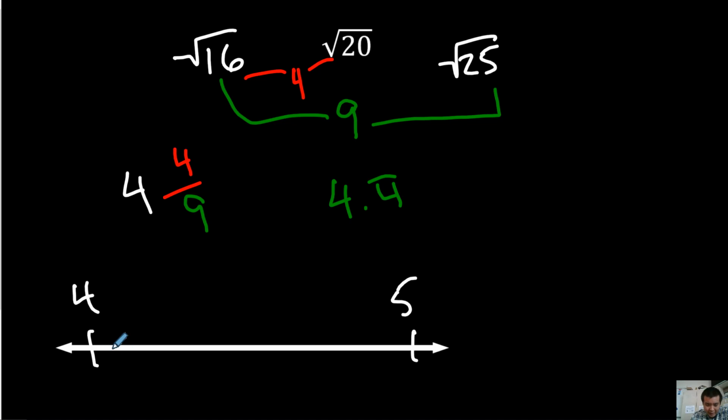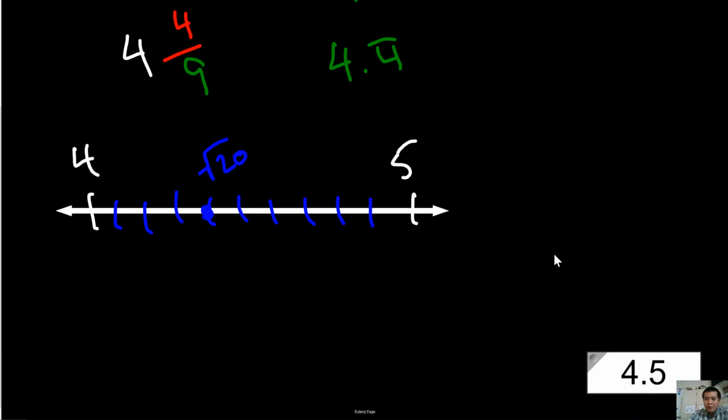So let's write that down. 1, 2, 3, 4, 5, 6, 7, 8, 9, and 4.4 is right here. So the square root of 20, we're going to say, is approximately right there. And the actual answer is 4.5.